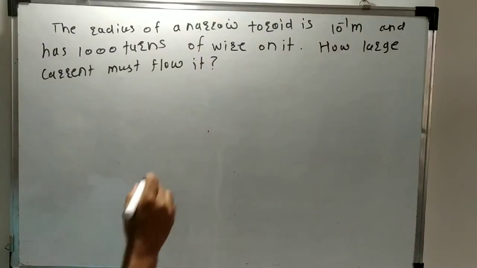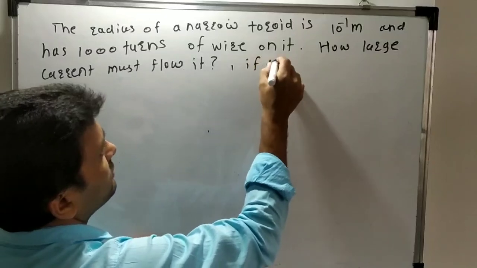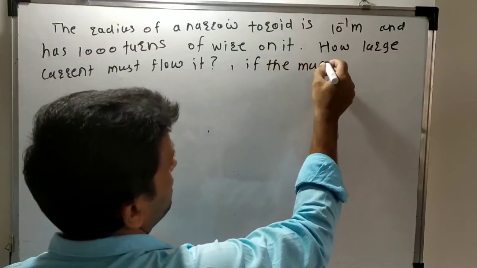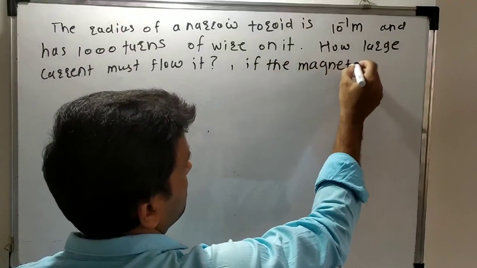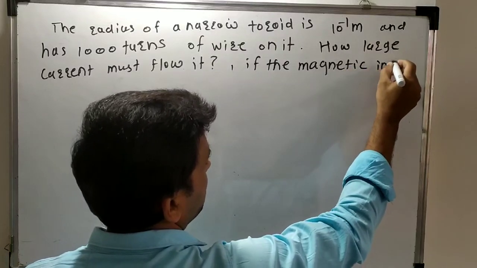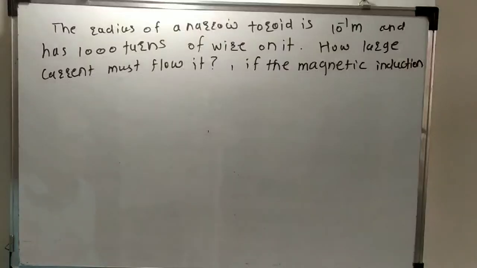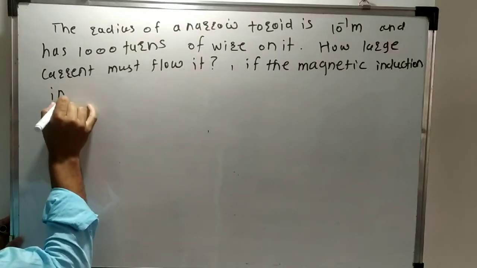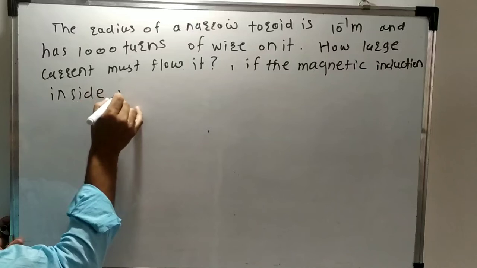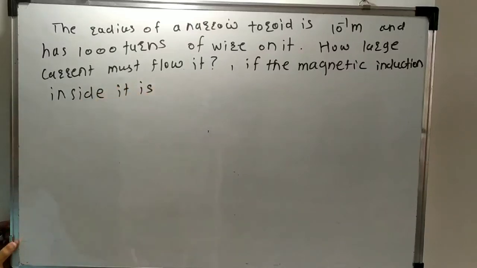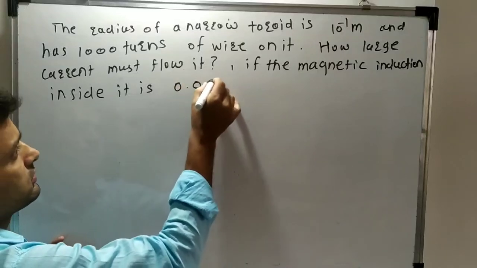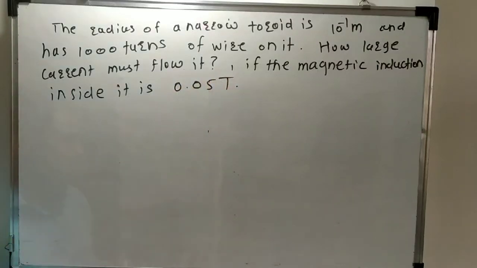So what is the magnitude of magnetic induction inside it? It is 0.05 Tesla. So what are the values given here?